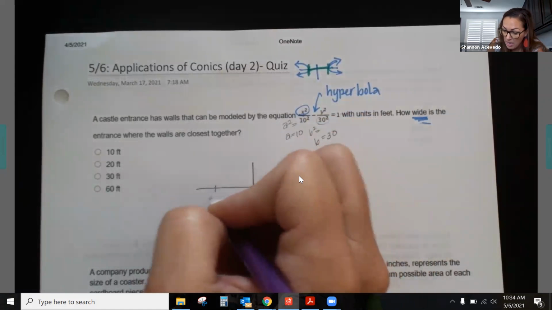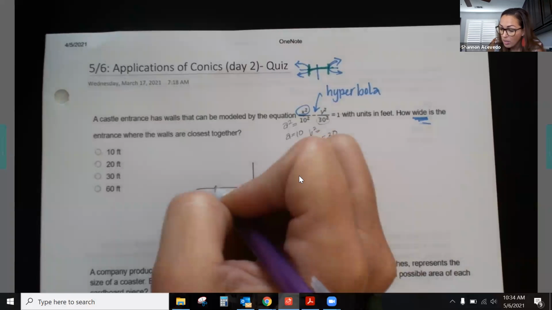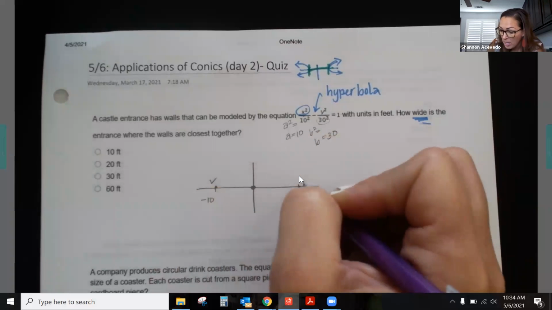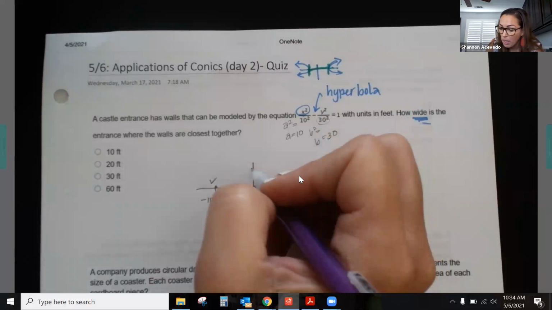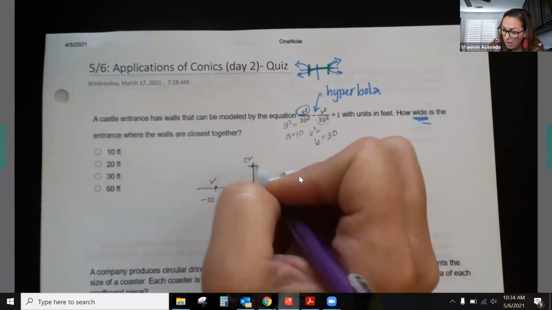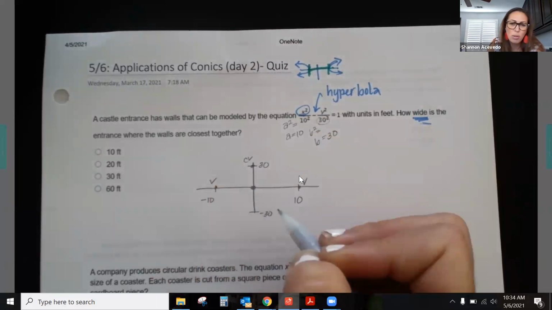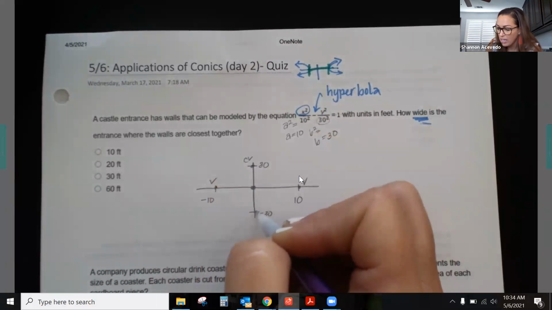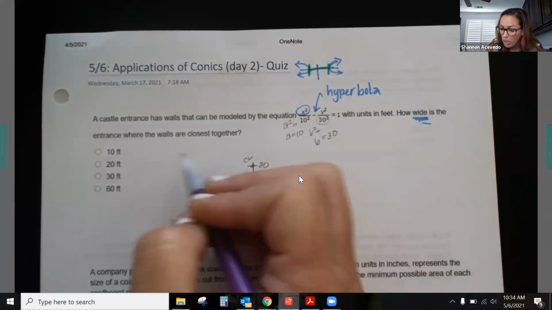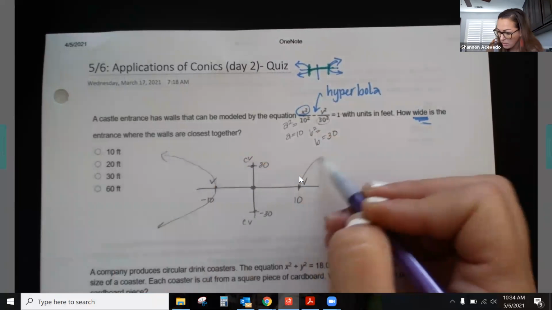I'm going to count 10 to the left and 10 to the right. I know that these are going to give me my vertices. These values here, my b, my co-vertices, is going to be here at 30, and this is going to be down to negative 30. Of course, this isn't to scale, but it's just to get an idea of where things are. So I know my hyperbolas are going to open up like this. There's my hyperbolas.